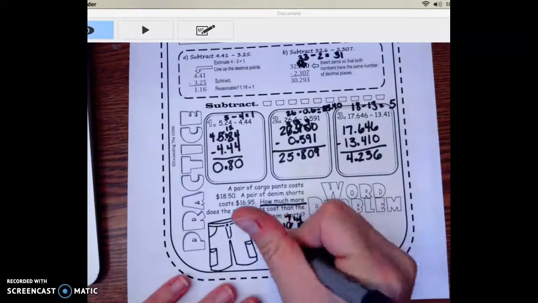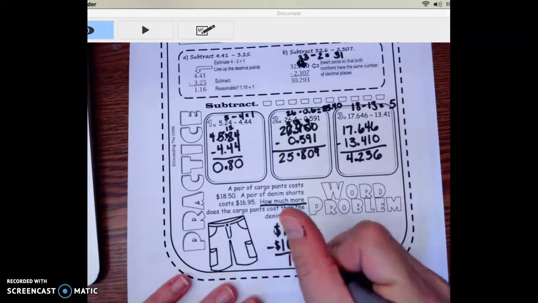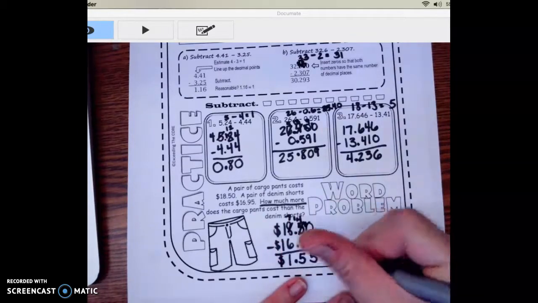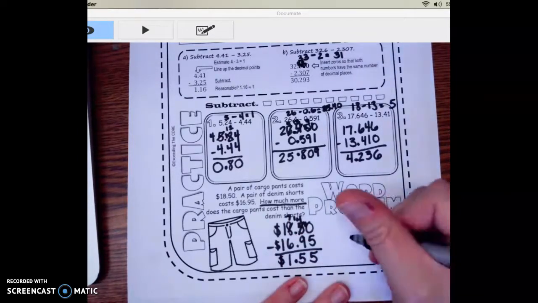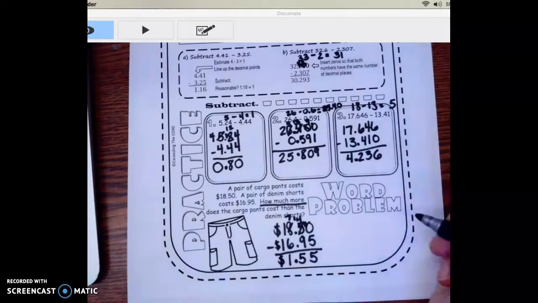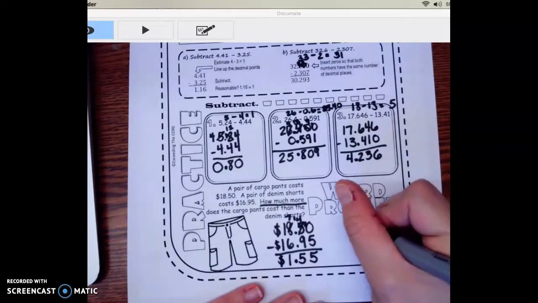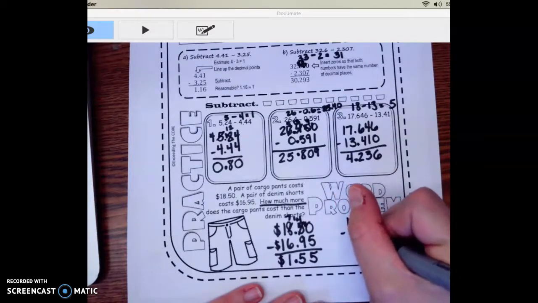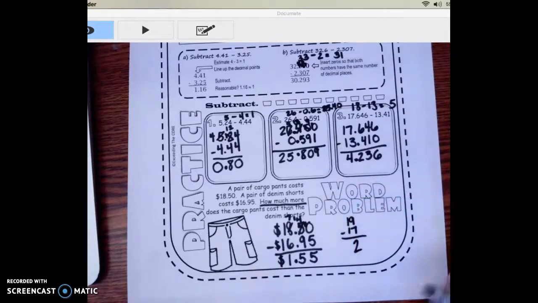And 1 minus 1 is 0, and I would have to bring down my dollar sign. So my answer was $1.55, which is very close because if I estimated, 18.50 would round to 19, and 16.95 would round to 17, and that would be 2. So my answer is reasonable there.